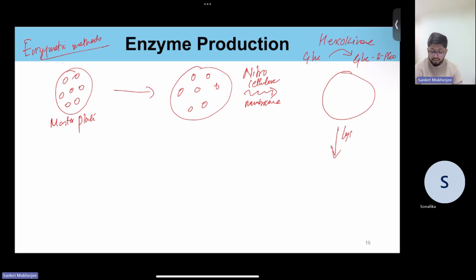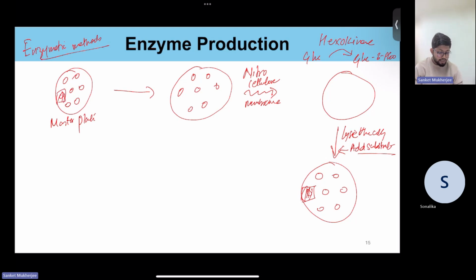We lyse the cells, so that will extract the protein. And you will also add substrate. Let's say you add glucose in this case. And then you will screen the colonies. So let's say this colony turns out to be positive, which can actually convert. So you will take the same colony from the master plate and go for further purification or further overexpression.